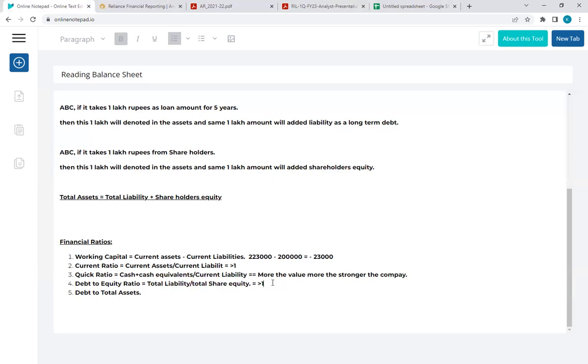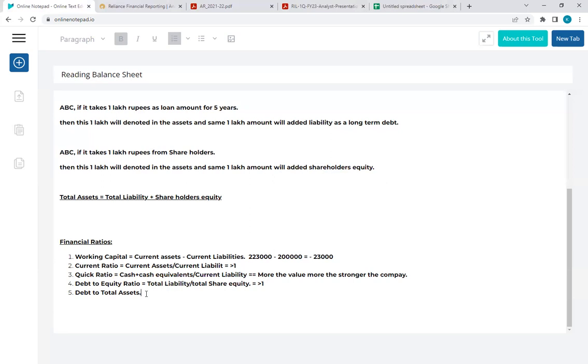That will be a negative for the company's financial level, because debt, the liability, should always be less, and it is much better if it is less than one. So this should be as low as possible, so that shareholders' equity is always more, so they get more benefit out of the company's performance, instead of paying to the liabilities, interest or debts.